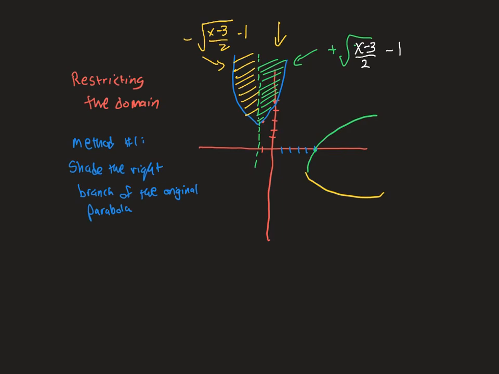Now my right side, I know that this happens after negative 1. So this would mean my domain now would be, if I look at my original function, 2(x plus 1) squared plus 3, so my domain would have to be x such that x is greater than or equal to negative 1.